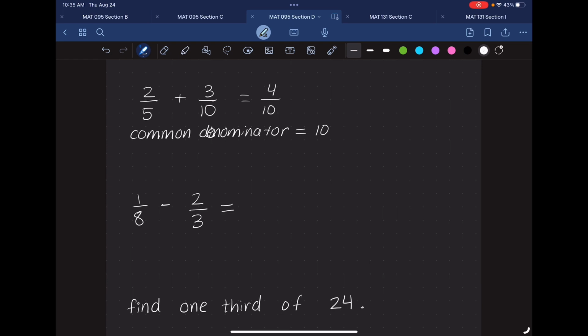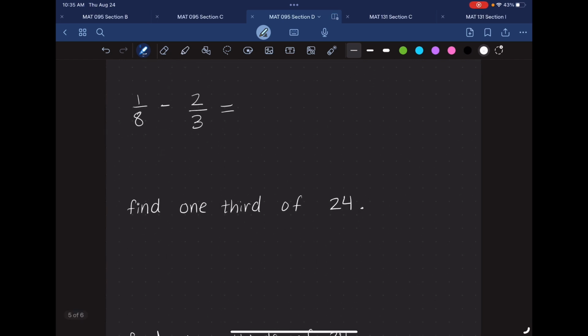Notice all I did was multiply 5 by 2 to get 10 and 2 by 2 to get 4. And 4/10 is covering the exact same quantity as 2/5. And then I can add that to my 3/10. If I have 4/10 and 3/10, how many tenths do I have? The answer would be 7/10. And again, we add across the numerator.